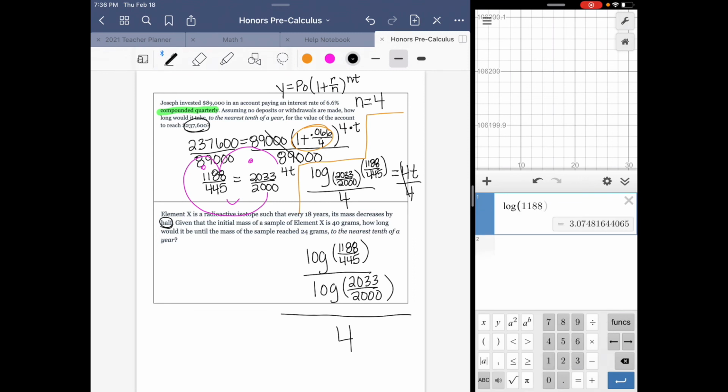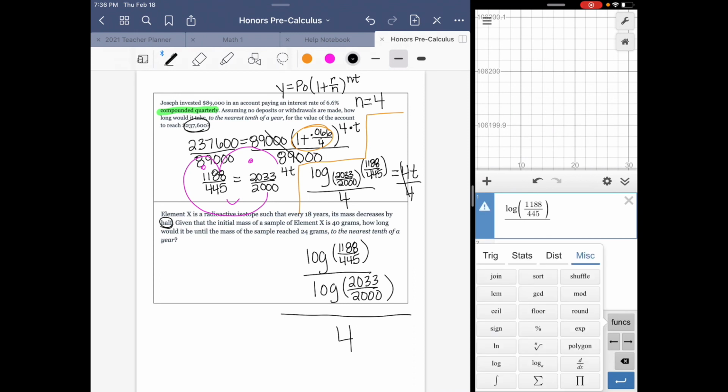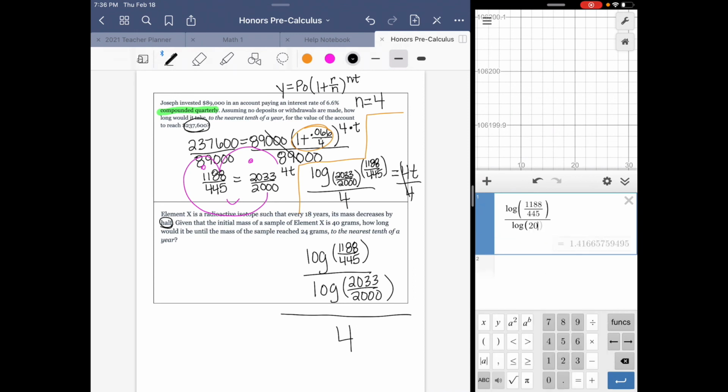So I'm going to do the log of 1188 divided by 445, divided by the log of 2033 divided by 2000. And then I'm going to put parentheses around that and divide that whole thing by 4.